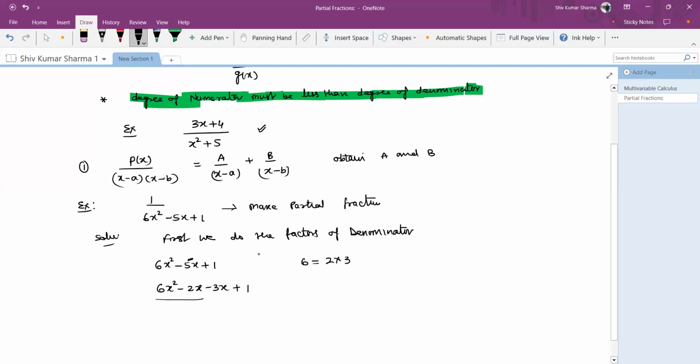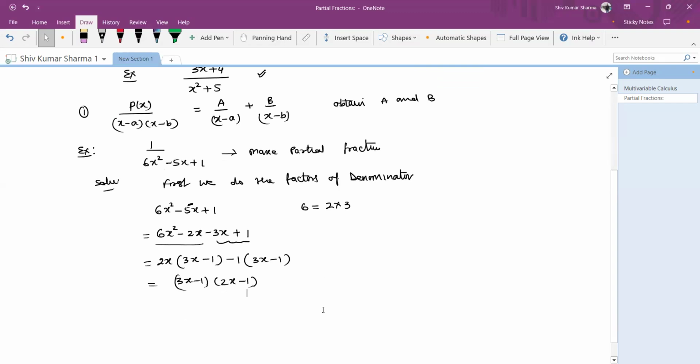Taking 2x as common, this gives 2x into (3x minus 1), and taking minus 1 as common, this gives minus (3x minus 1). So we take 3x minus 1 as common, and the second factor is 2x minus 1. These are the factors of 6x square minus 5x plus 1.